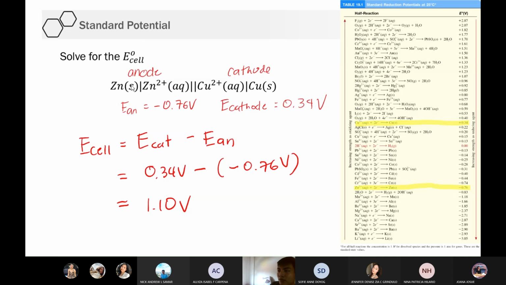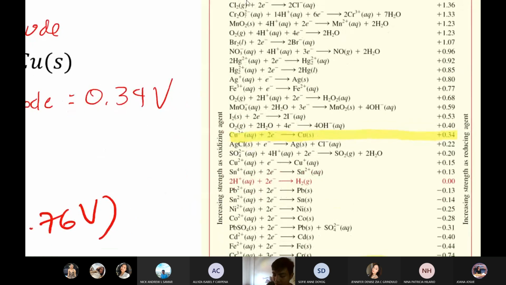By the way, it doesn't matter kung baliktad yung equation dito or not as long as the ions are consistent. Bakit ko sinabi na dapat consistent? Kasi kung titignan mo itong isa, this is copper to copper plus. Baka ito piliin nyo, hindi yan.